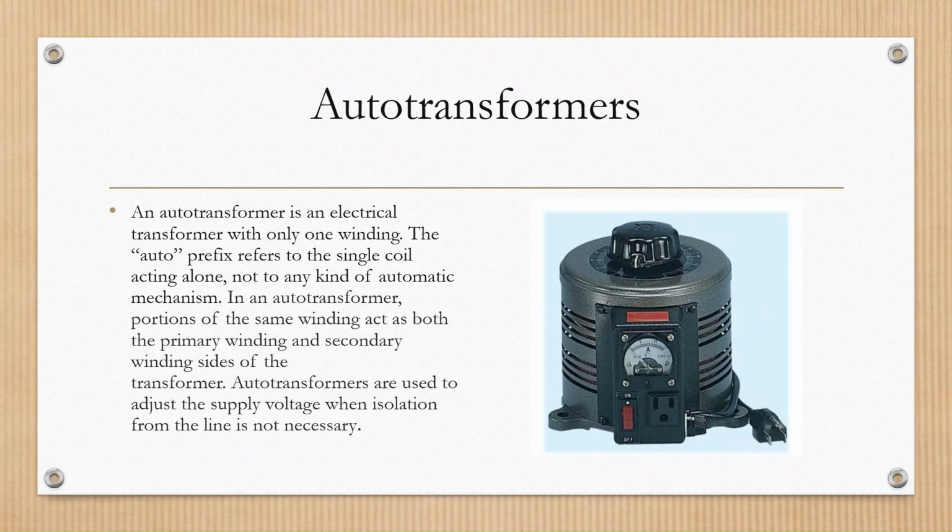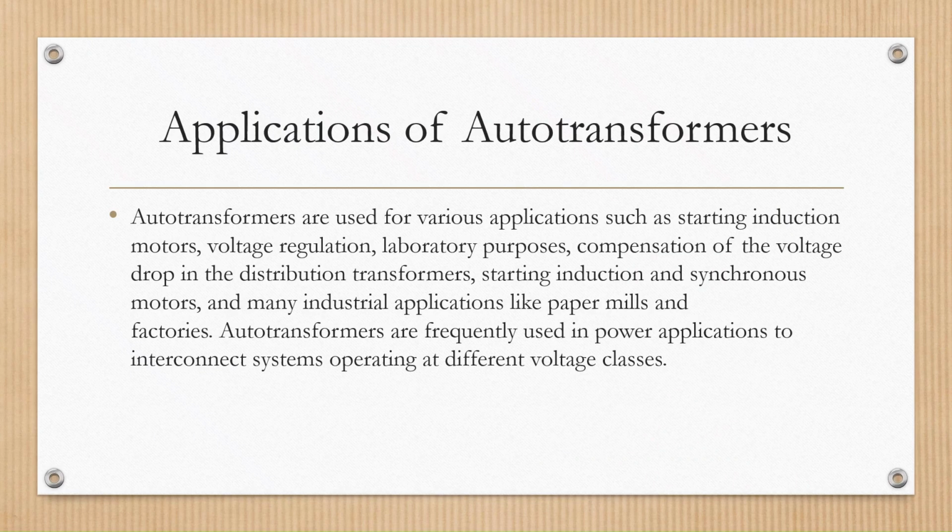Autotransformers are used to adjust the supply voltage when isolation from the line is not necessary. Autotransformers are used for various applications such as starting induction motors, voltage regulation, laboratory purposes, compensation of the voltage drop in the distribution transformers, starting induction and synchronous motors, and many industrial applications like paper mills and factories.